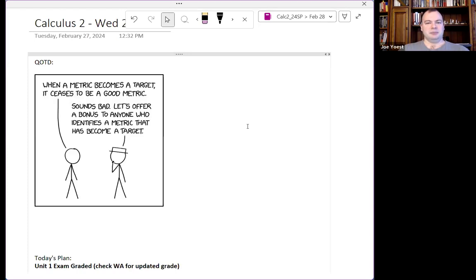But then it tends to be the case, because a number is pretty objective, that instead of asking, how can we better serve the public? How can we better provide value to the economy? We shift our attention to the number and say, how can I make this number go up? And that might sound like it's asking the same question, but in a lot of cases it's not.